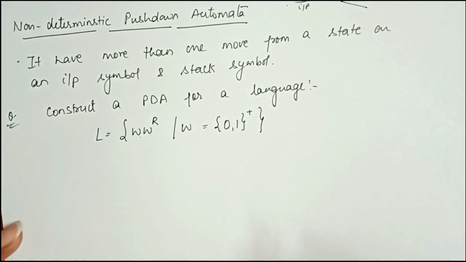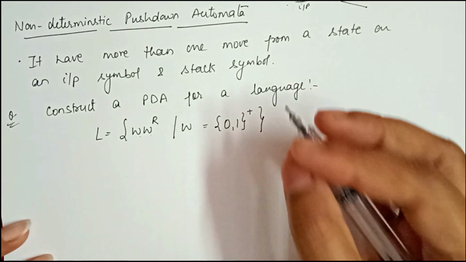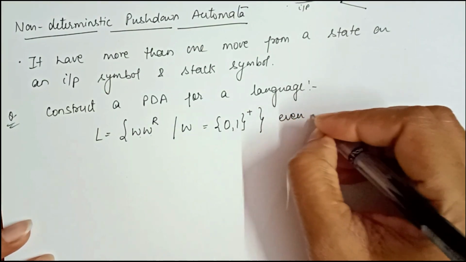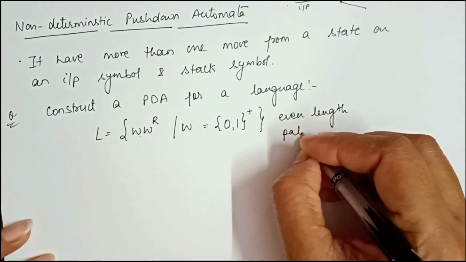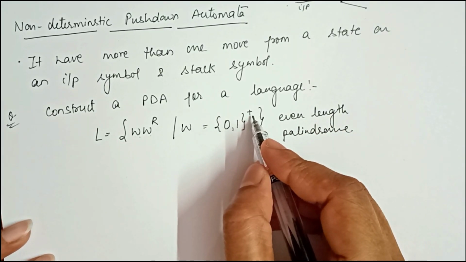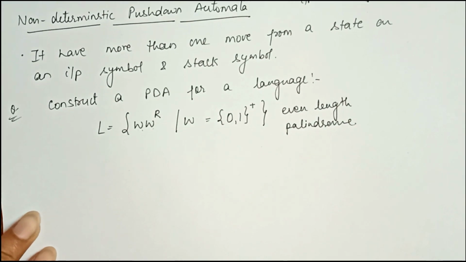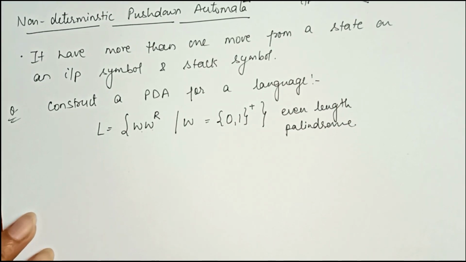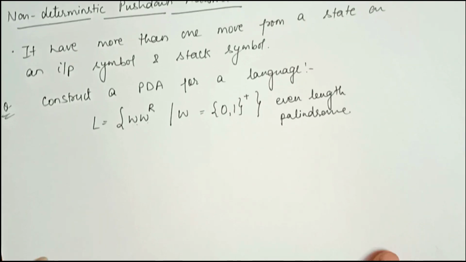This language is also called an even length palindrome. If we have a star instead of this plus, then the language is all length palindromes, but in this example we solve for even length palindrome.